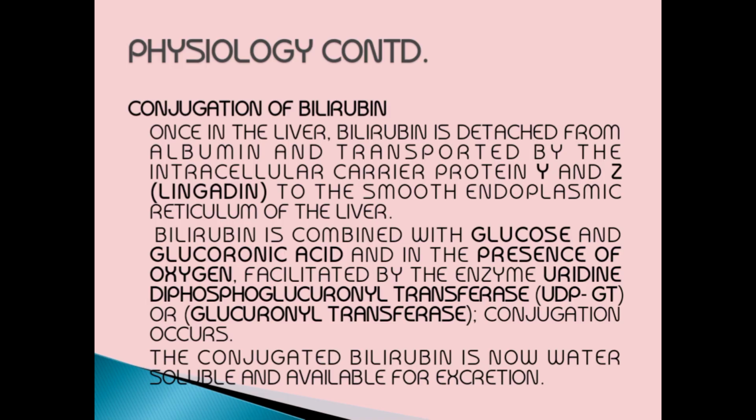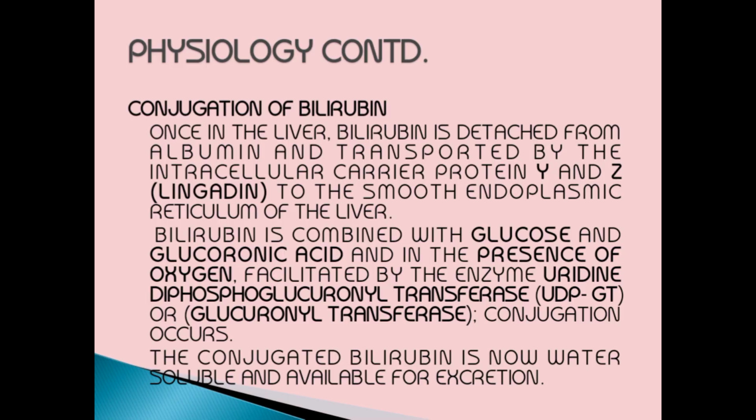Bilirubin is combined with glucuronic acid in the presence of oxygen, facilitated by the enzyme known as uridine diphosphate glucuronyl transferase, which is the UDP-GT or glucuronyl transferase.